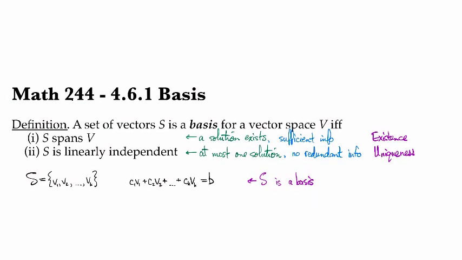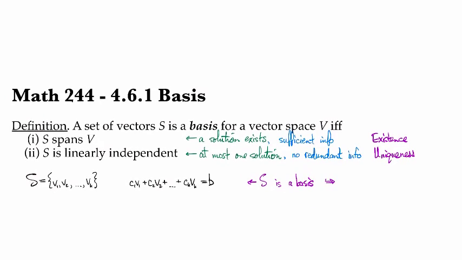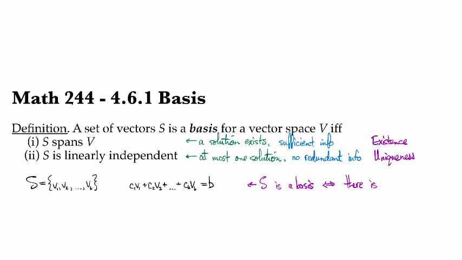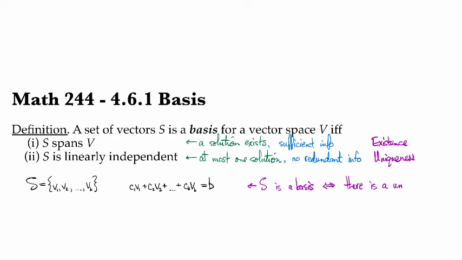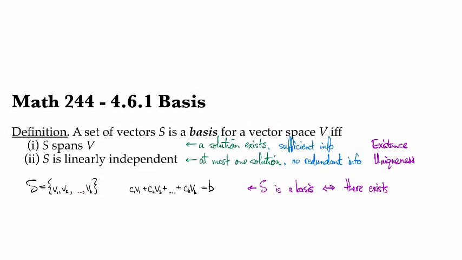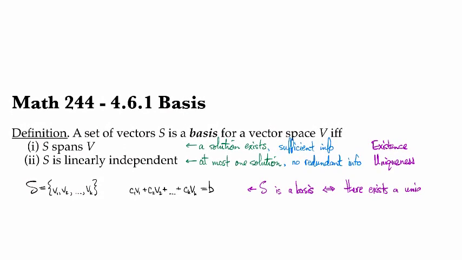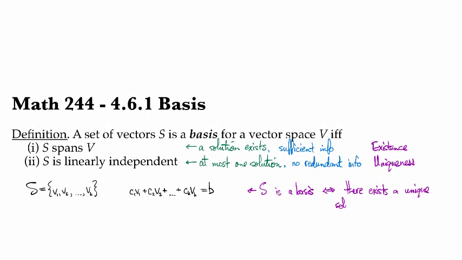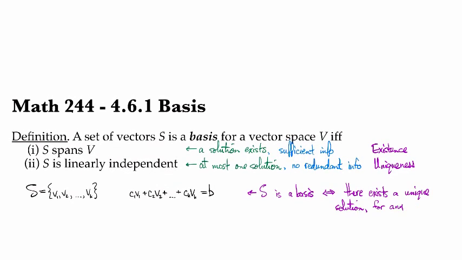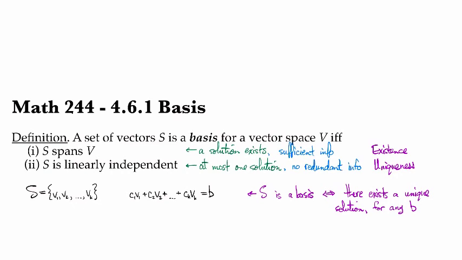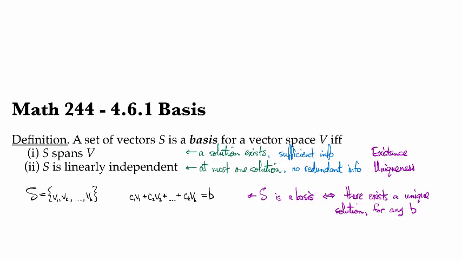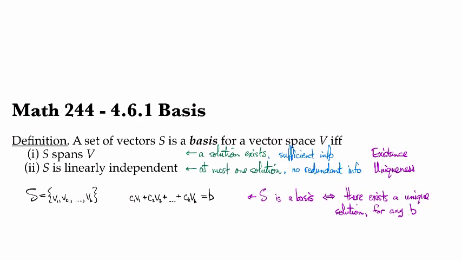S is a basis if and only if, just to harp on the point, there exists a unique solution regardless of what vector B we have chosen. Okay, so that is the notion of basis.